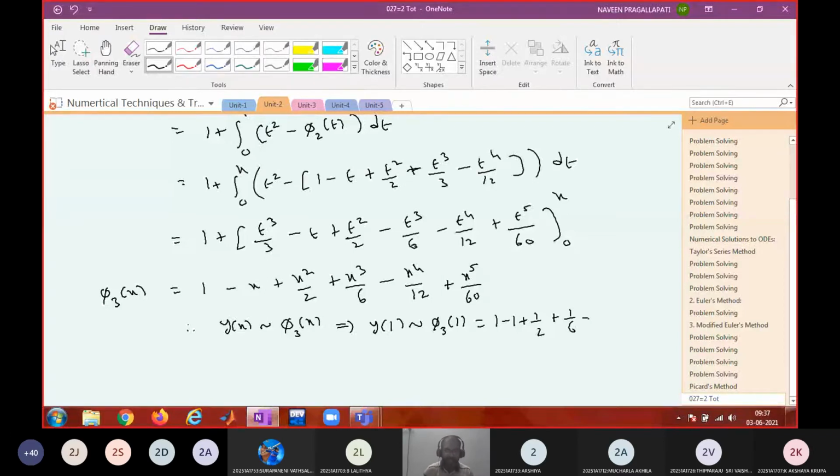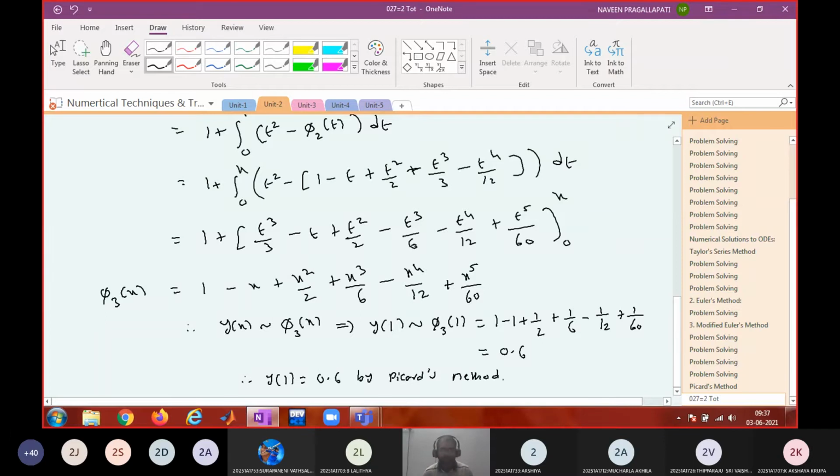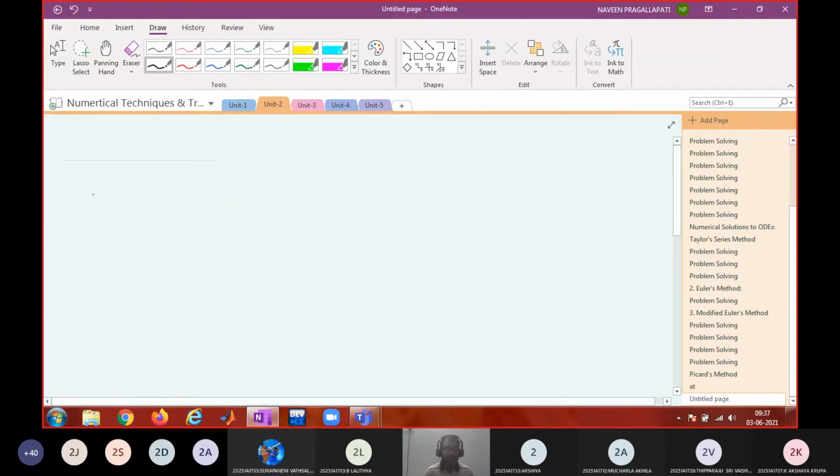Now you find out the analytical solution. Identify the type of differential equation and solve the differential equation. Now analytical solution.